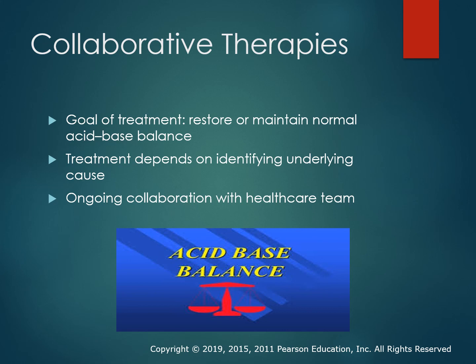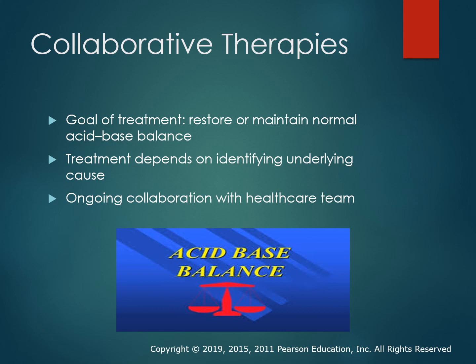Collaborative therapies. Untreated severe metabolic acidosis can lead to myocardial depression or myocardial infarction, seizures, shock, and multi-organ failure. The goal of treatment is to restore or maintain normal body balance. Treatment of acid-base balance depends on identification and treatment of the underlying cause and reversing it.